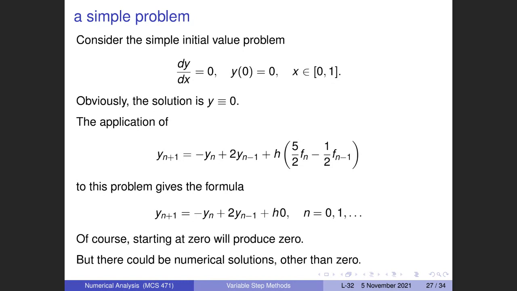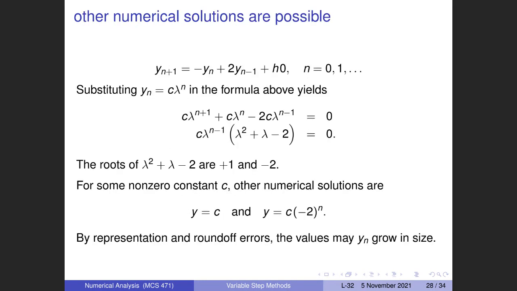So if we apply the method with the exact zero condition, then we will indeed always add 0 to it. So no problem there. So starting at 0 will produce 0. But suppose that we don't start at 0. Suppose that we would start at something different from 0. This can always happen with a round off.